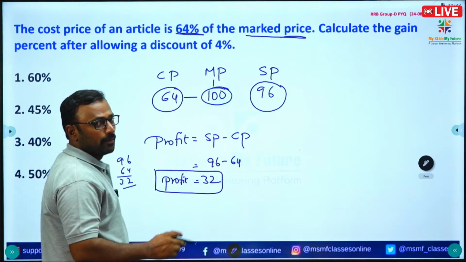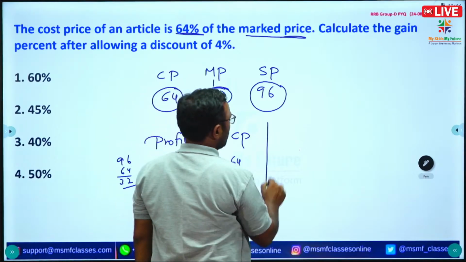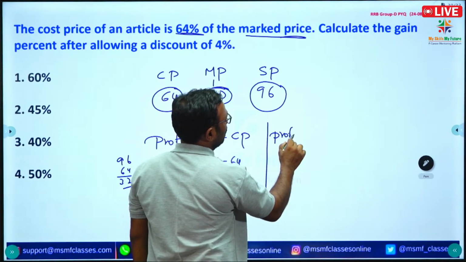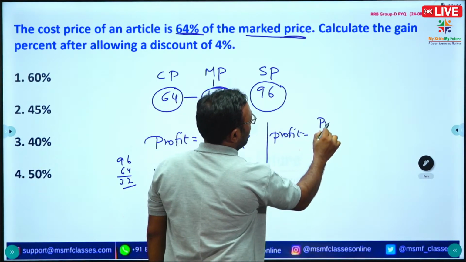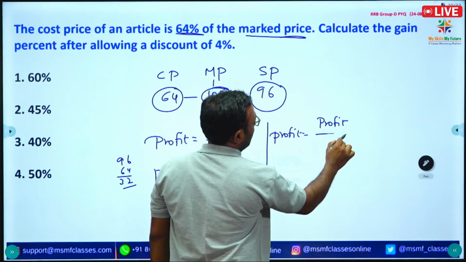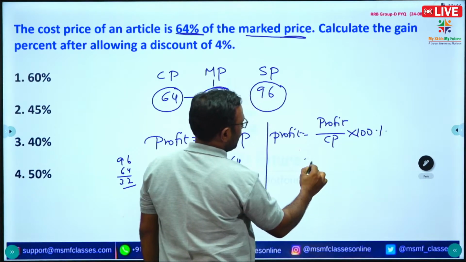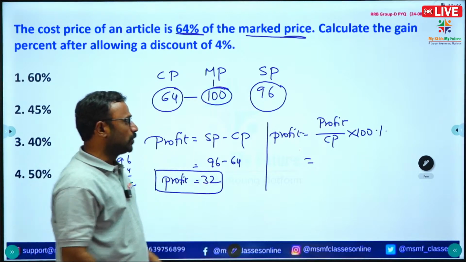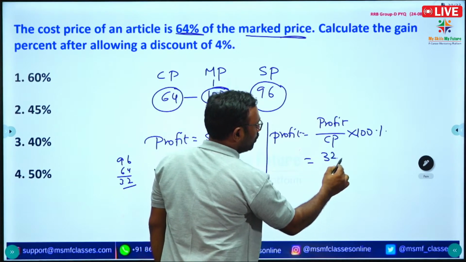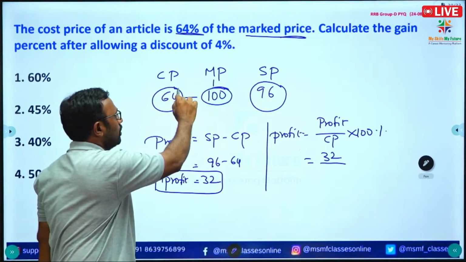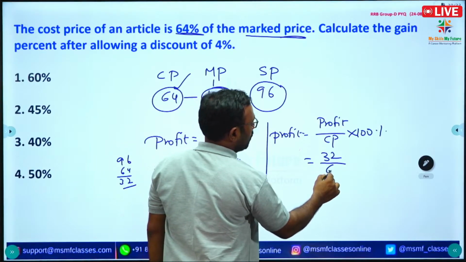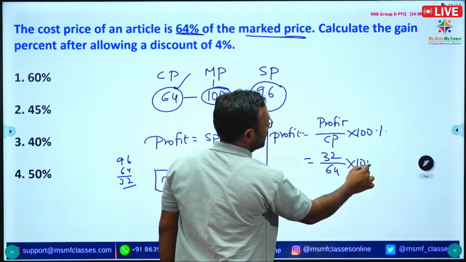Now they are asking the profit percentage. So profit percentage is equal to profit by cost price into 100%. Profit is 32, cost price is 64, into 100%.